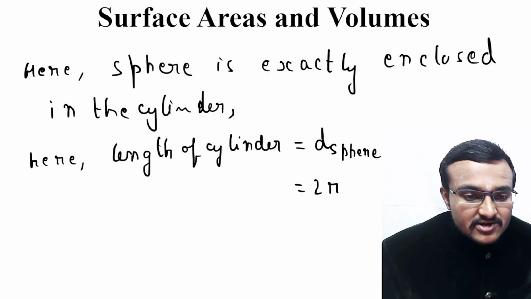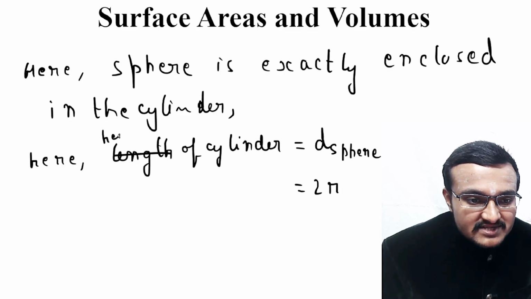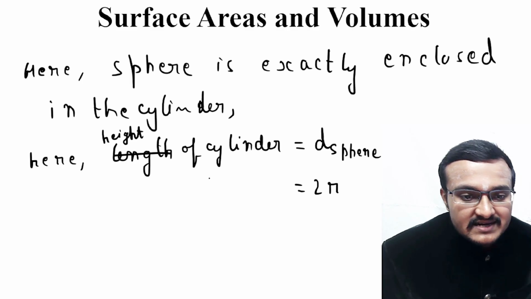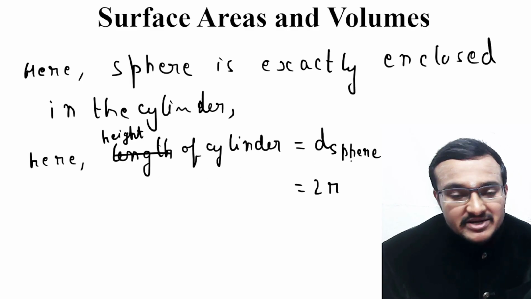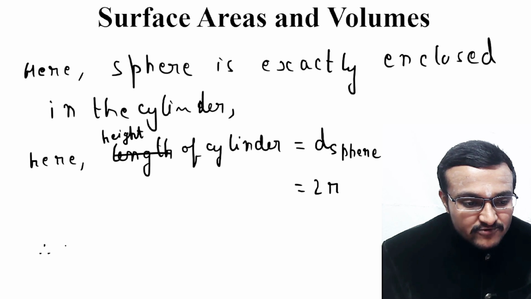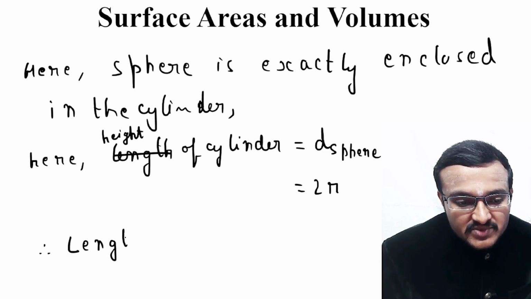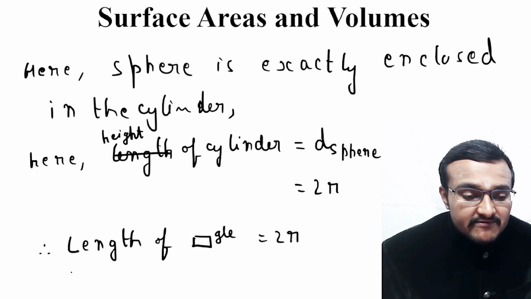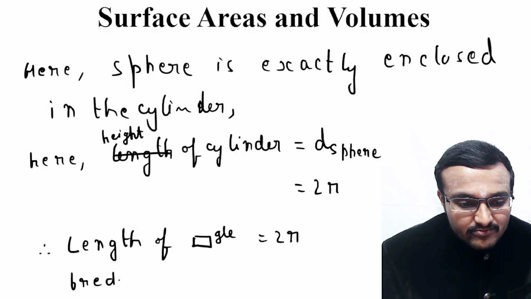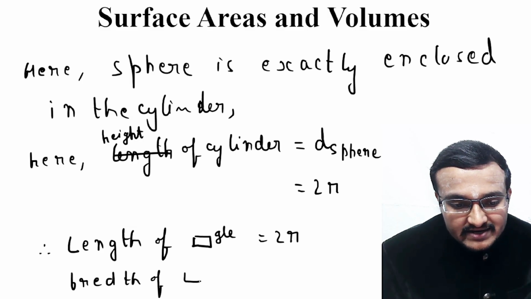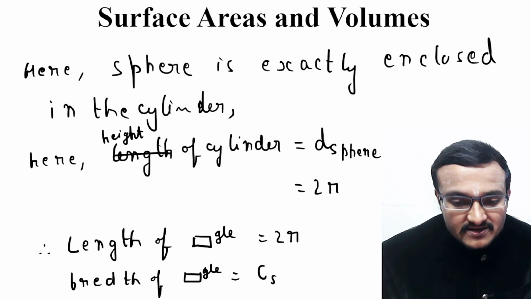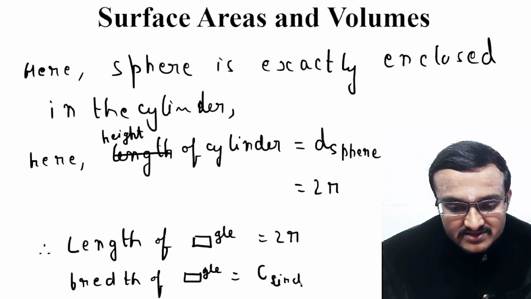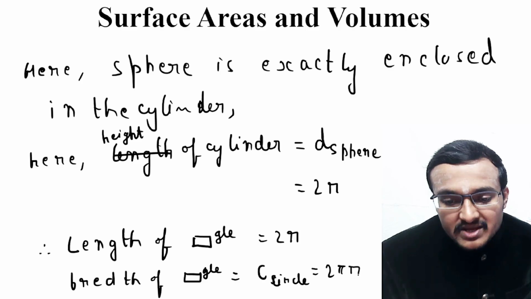So the length of the cylinder, or you can consider this as the height of the cylinder, is equal to the diameter of the sphere, that is 2r. Therefore the length of the rectangle is equal to 2 times r. Now the breadth of this rectangle is equal to the circumference of the circle, that is 2 pi r.